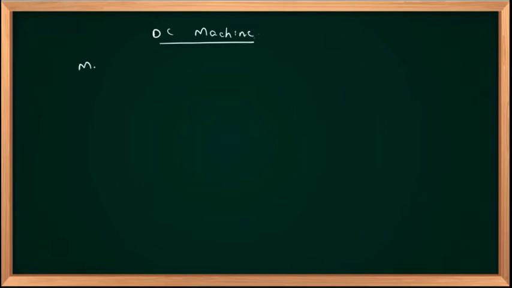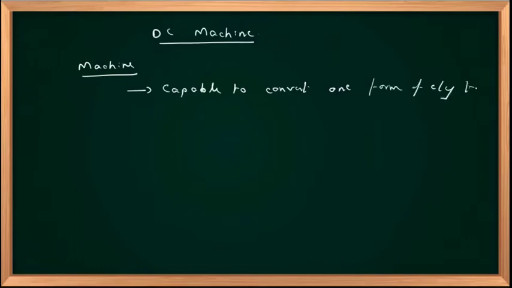As we all know, the term machine, what does it mean? A machine is an equipment which is capable of converting one form of energy to another form of energy.